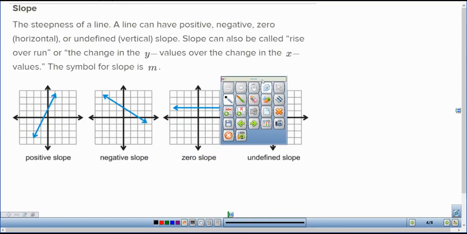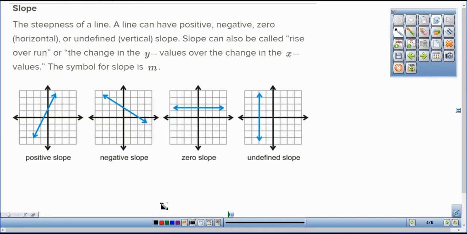So, speaking of those types of slopes, what types of slopes are there? We have positive slope, which we've talked about. We have a negative slope, which we've talked about. This is a 0 slope, and you can think of that because your rise would be 0. Your run would exist in some fashion.